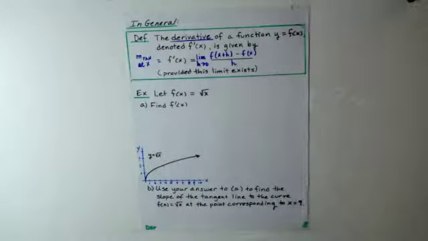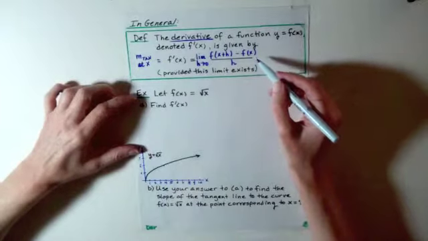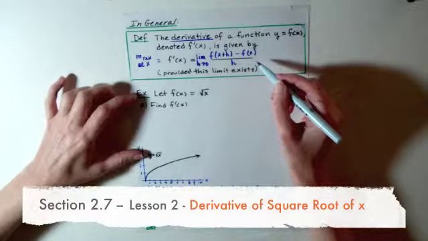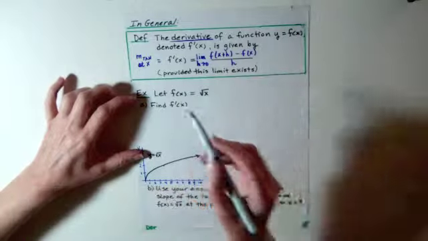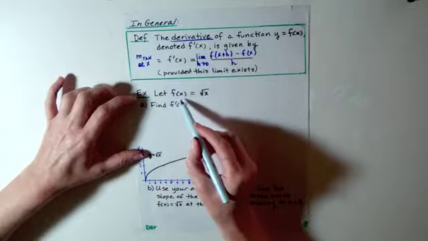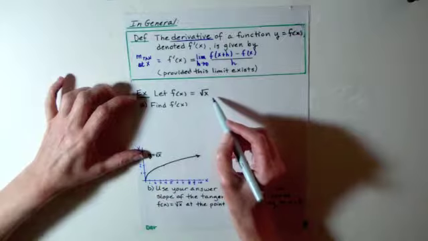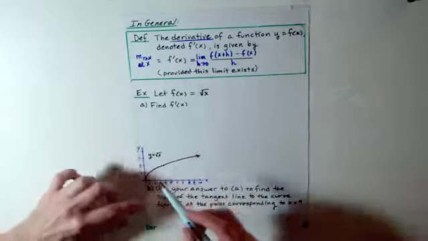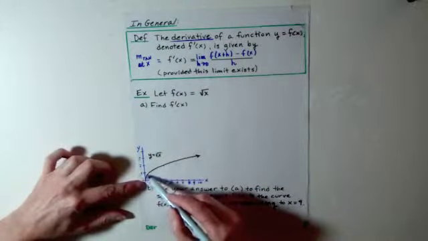Okay, let's go ahead and look at a brand new function and just get used to finding the derivative of that function. It will be similar to the calculations that we did for f of x equal x squared, but now we're looking at the function f of x equals the square root of x. You might remember that the graph of the square root of x looks something like this.